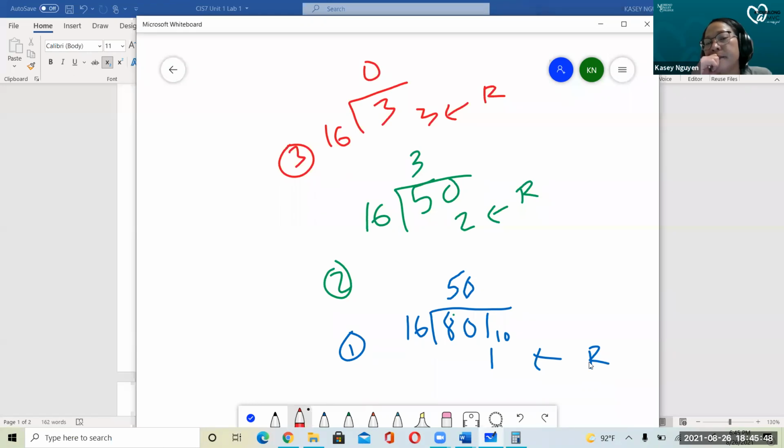Since our quotient is 0 now, we're done. The way that we record it is bottom up, left to right. So we would have 1, 2, 3, base 16.